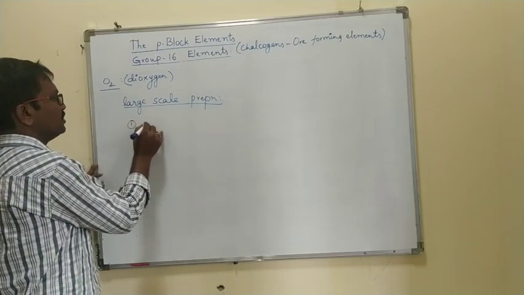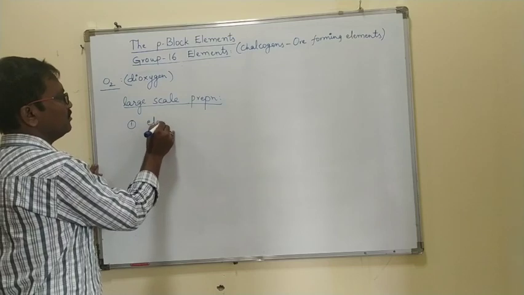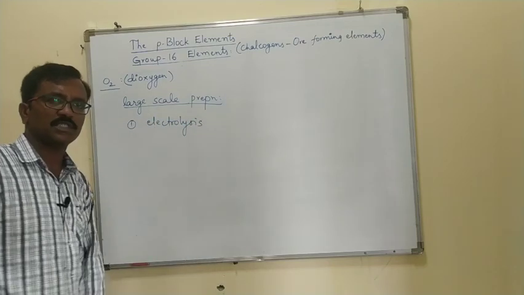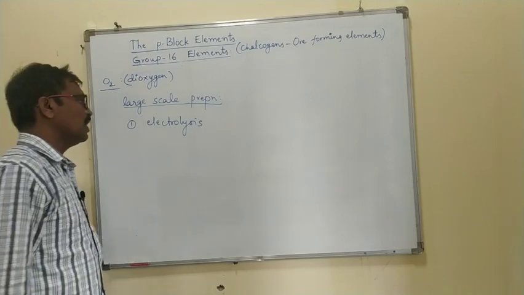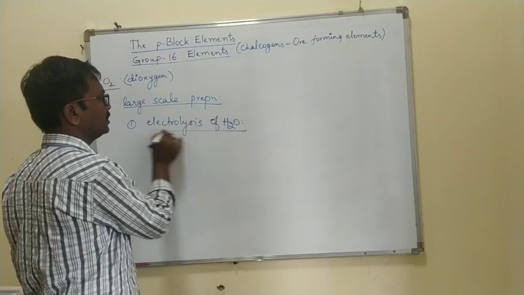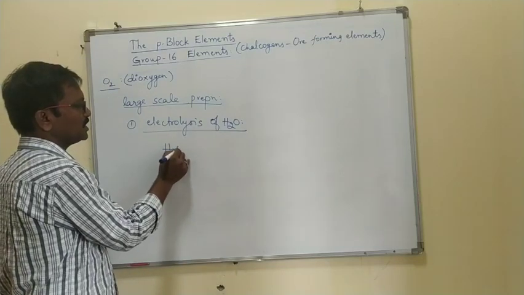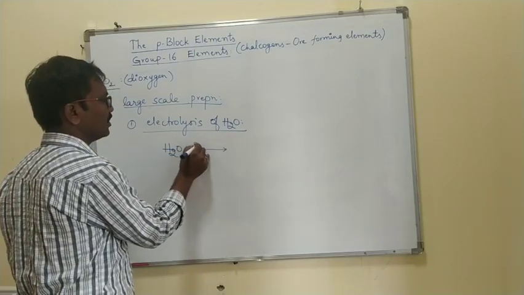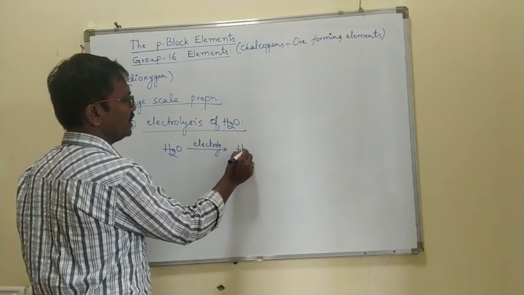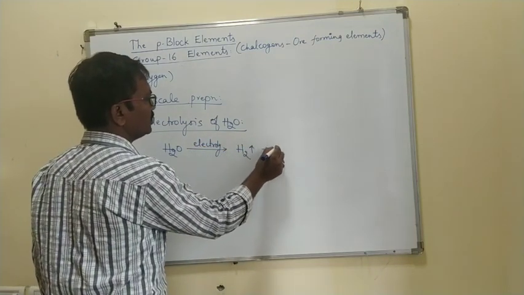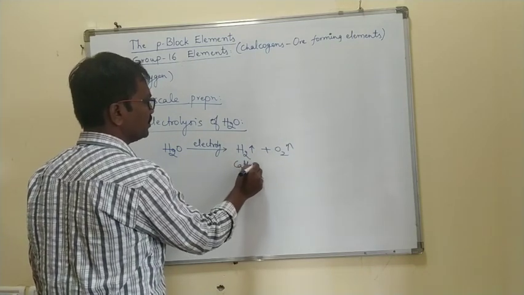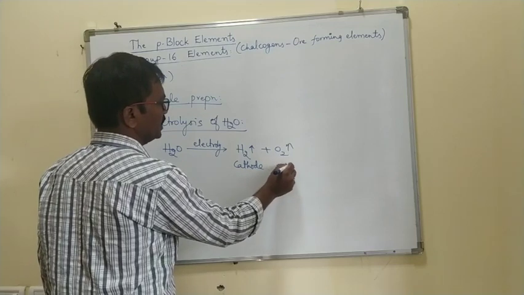The first one is electrolysis of water. You have studied this in the electrochemistry chapter. What is electrolysis? Passing electricity into the water. It liberates hydrogen at the cathode and oxygen at the anode.